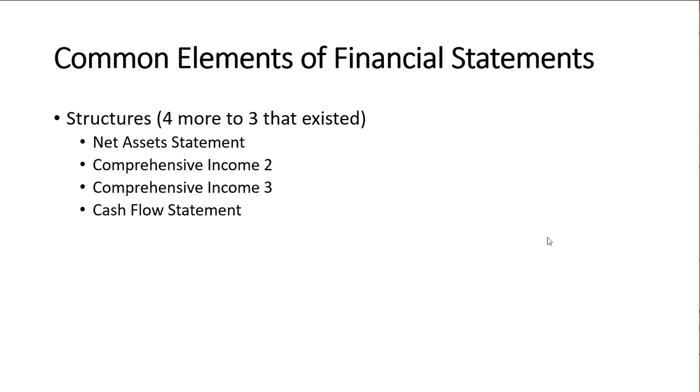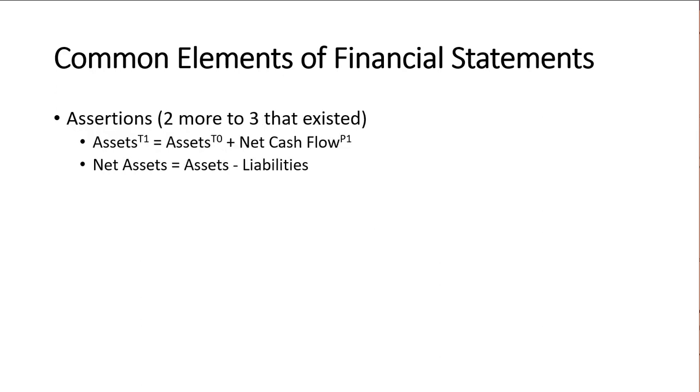Got 4 new structures, including net assets, and a couple additional comprehensive income structures, and a cash flow statement now, and 2 more assertions. I'm reconciling. This is going to eventually be cash and cash equivalents roll forward, but right now we don't have cash and cash equivalents, so I'm just rolling forward assets.